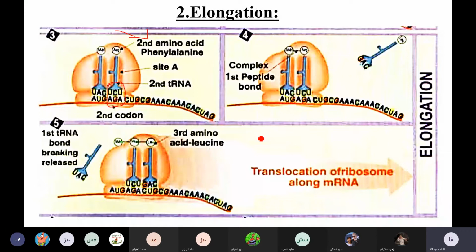See what happens. The first thing that happens is formation of a peptide bond between the two amino acids. As soon as the A site is occupied with a translator and the P site is occupied with a translator, a peptide bond will be formed between the two amino acids.